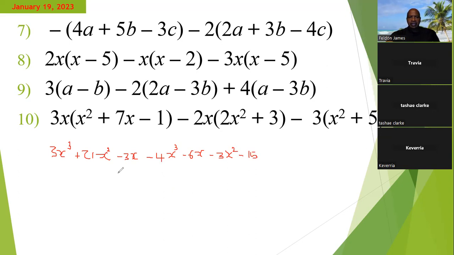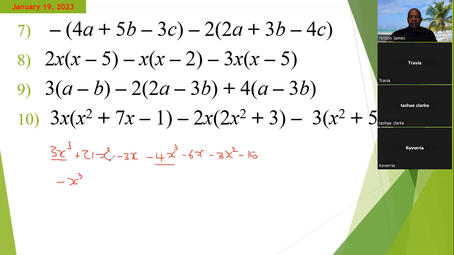Now, for the like terms, the cubes are the same. So the x cubes, we add those together. This is a positive 3x cubed. This is a negative 4x cubed. So you subtract 3x cubed from 4x cubed. You will be left with negative x cubed. And so that would be for the cubes.